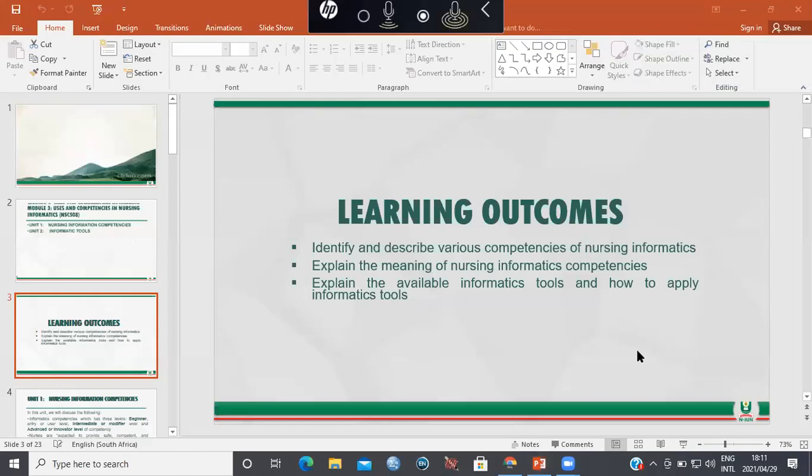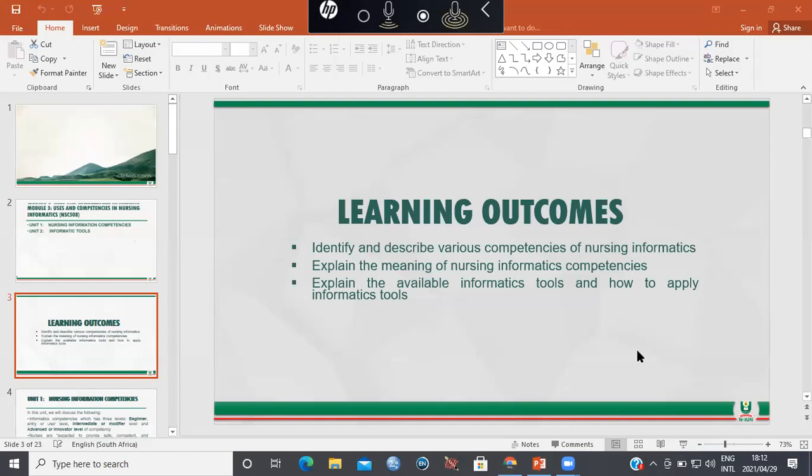The learning goal for this module 3, unit 1 and 2 is for learners to be able to identify and describe various competencies of nursing informatics, to be able to explain the meaning of nursing informatics competency, and explain the available informatics tools and how to apply them.